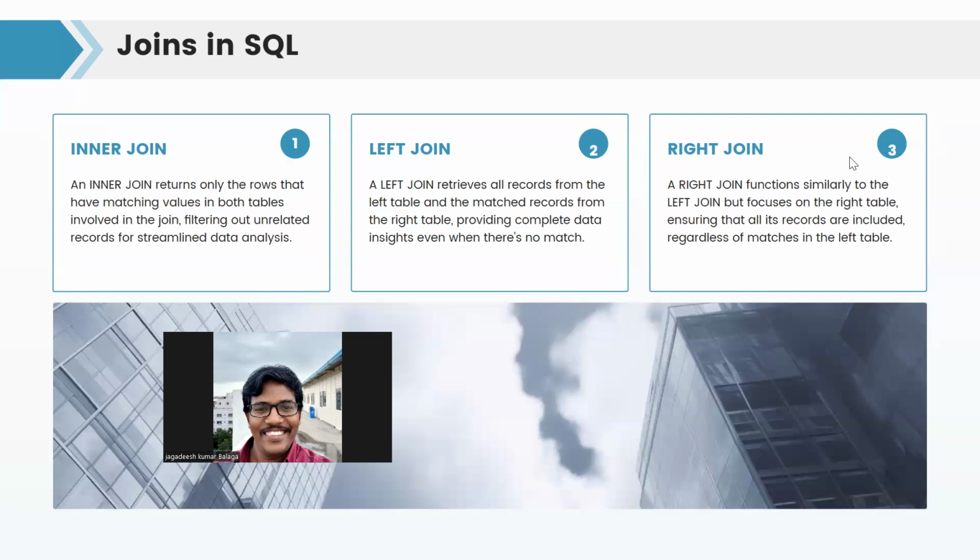When we write a join, the keyword expects two tables. Whichever table is on the left of the join keyword is the left table, and the one on the right is the right table. So right join gives more priority to the right table, and it also gets the matching records from the left table.